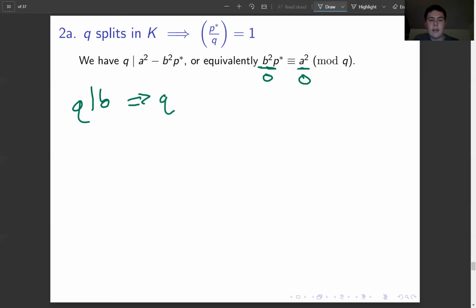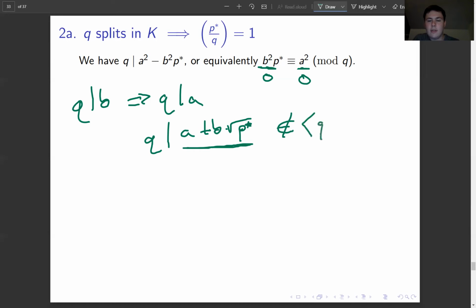So Q must then divide A. This would mean that Q divides a plus b root p star, because it divides both of these coefficients. But remember, we chose a plus b root p star so that it wasn't in this ideal, which is a contradiction. Therefore, Q cannot divide B.